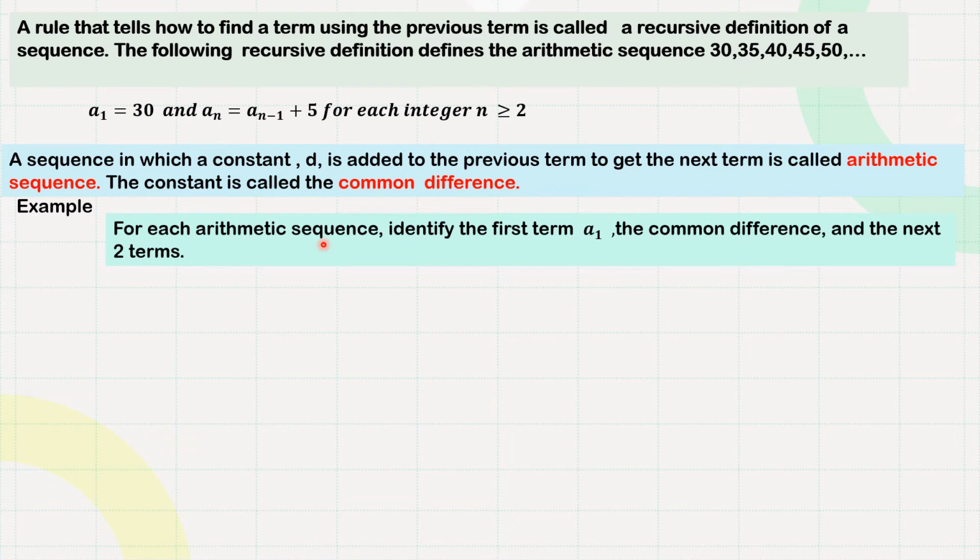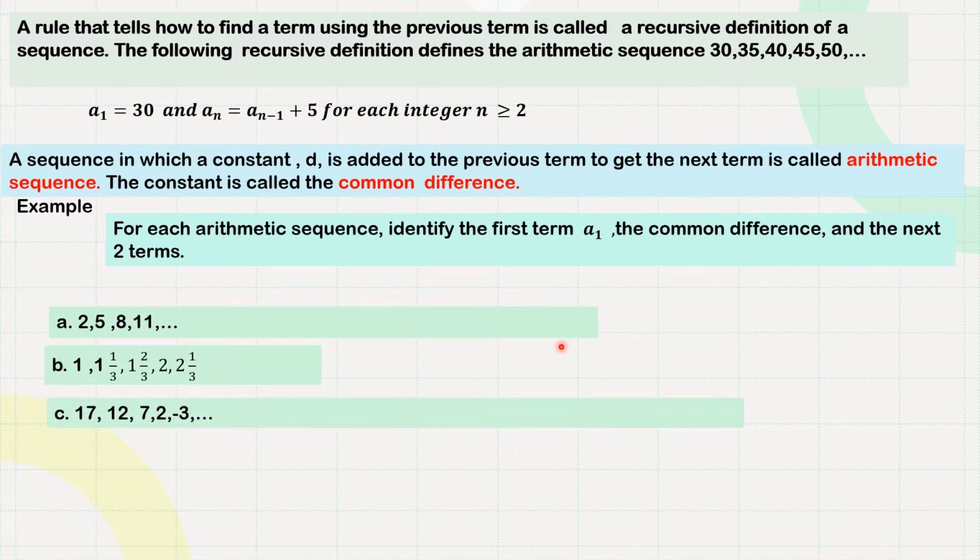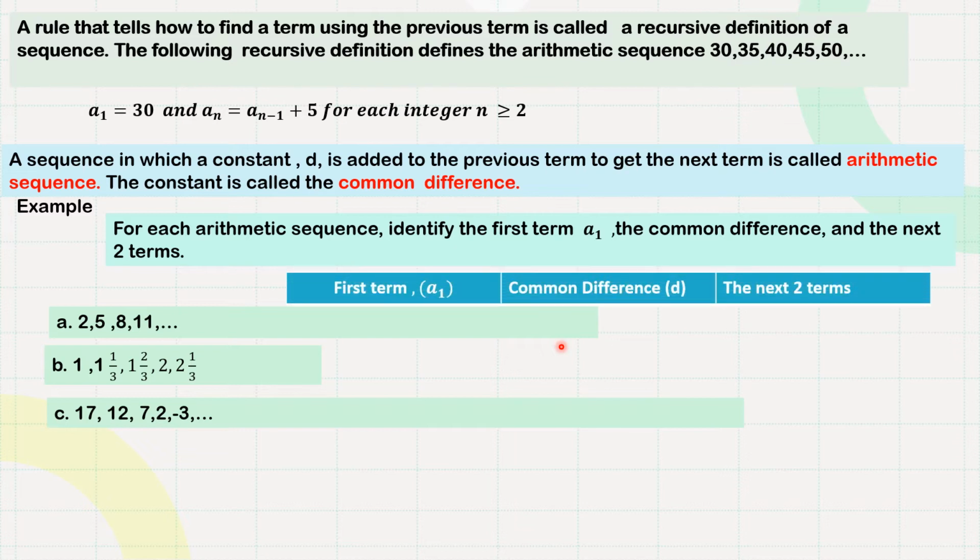Example: for each arithmetic sequence, identify the first term or a sub 1, the common difference or d, and then find the next two terms. So, these are the sequences for which we will find a sub 1, the common difference, and the next two terms. For letter A, the first term is 2.